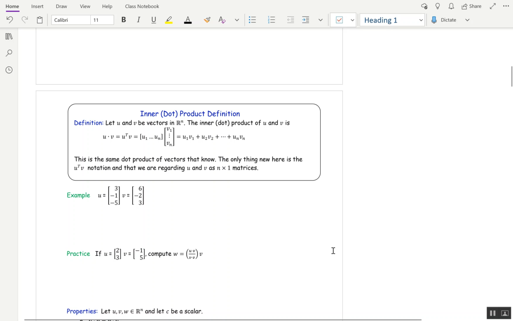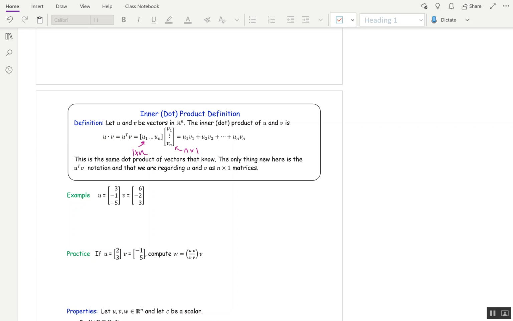So the new definition of dot product is defined in terms of matrix multiplication. Instead of saying u dot v is this number, we're saying it's the matrix u transpose times the matrix v. Here I'm thinking of u transpose as a 1 by n matrix, and I'm thinking of v as an n by 1 matrix.